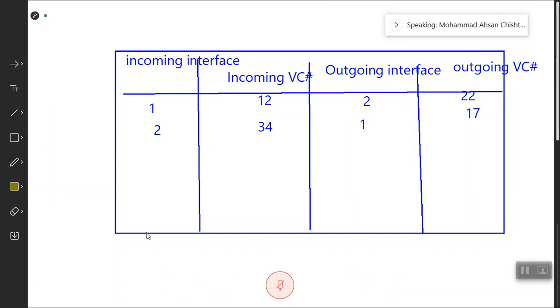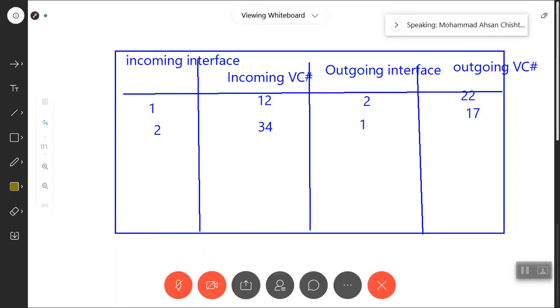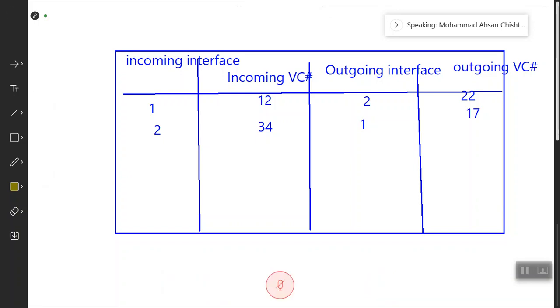By the table it gets to know that its outgoing interface is 2. If its outgoing interface is 2, what is the outgoing virtual circuit number I should place there? So it removes the 1, 2 and puts in 2, 2. So that is how this router actually would work.